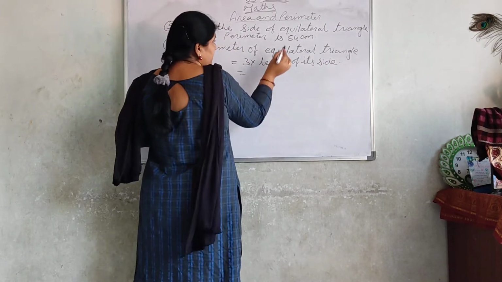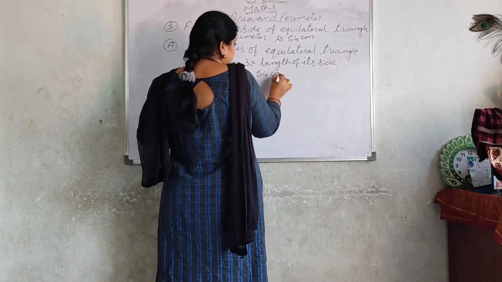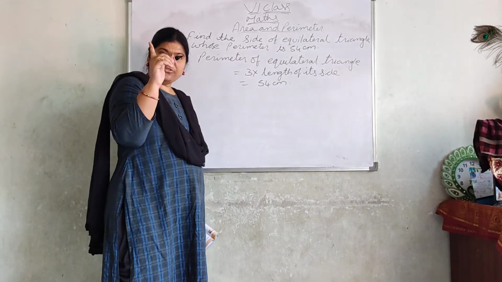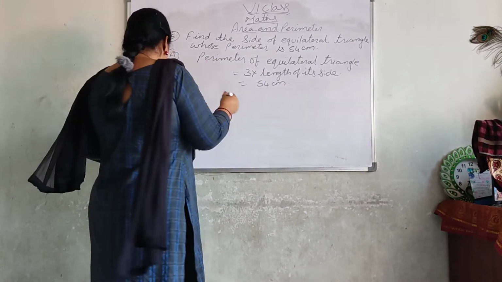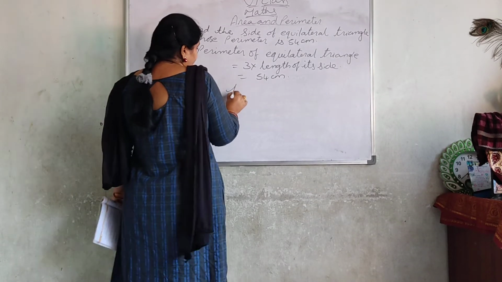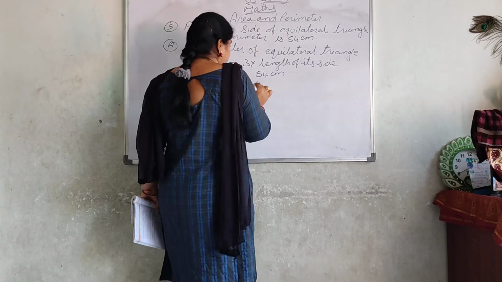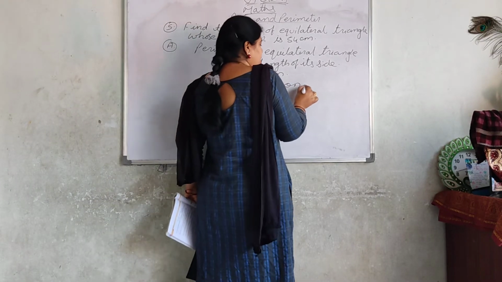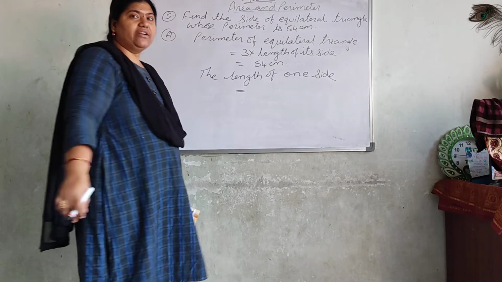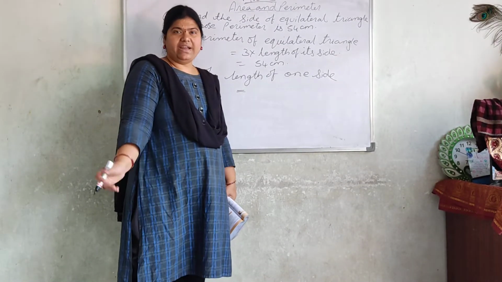So what is our answer given? 54 centimeters. 3 sides is given. 3 sides is 54. We have to find only one side. To find the length of one side, what we have to do? We have 3 sides and we have to find one side, means we have to divide.